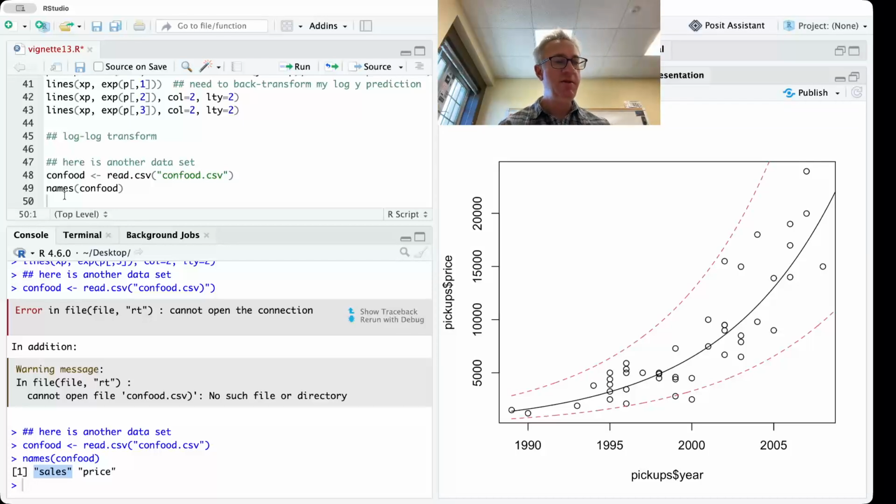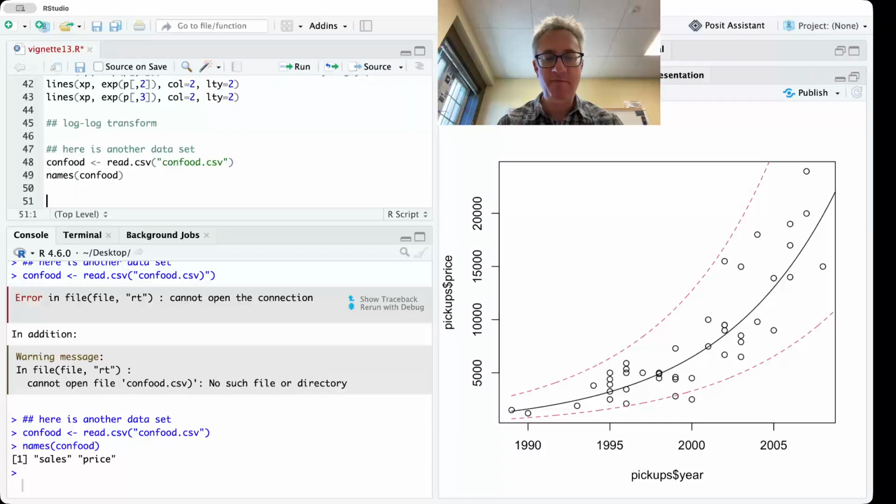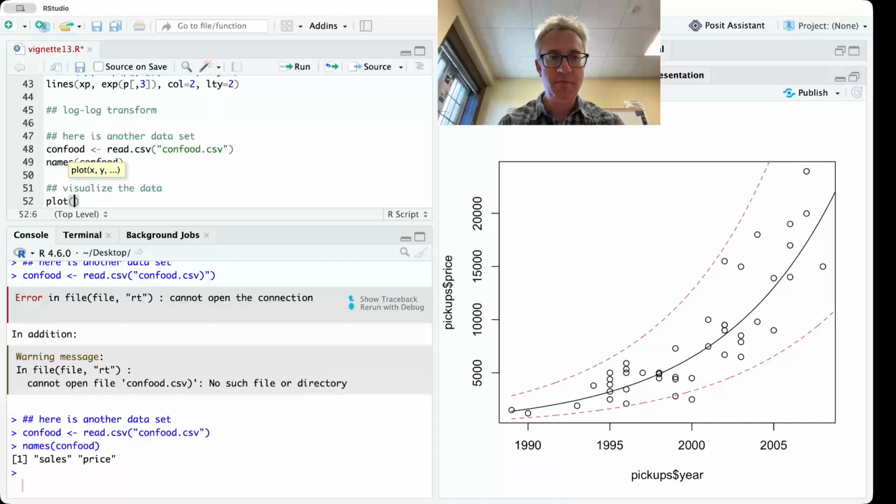Okay, so let's visualize this data. I want to type up here: visualize data, plot, confood, price. So this time price is the x. Just imagine that the more you charge for something, the less you sell.